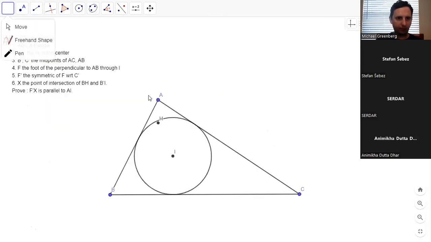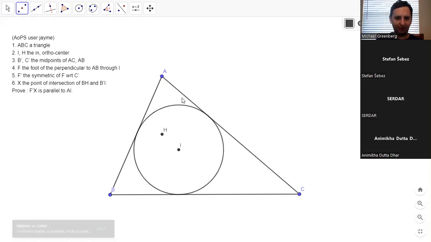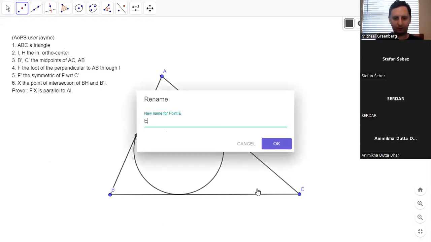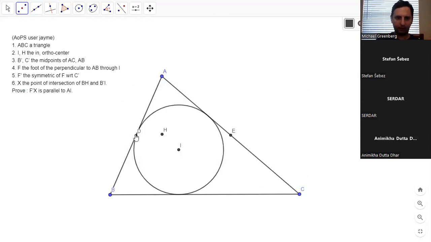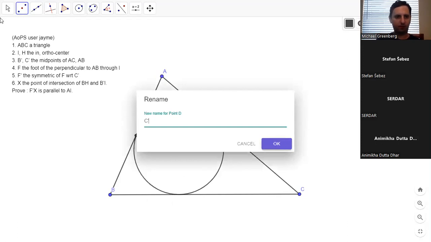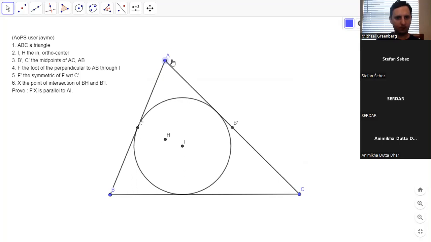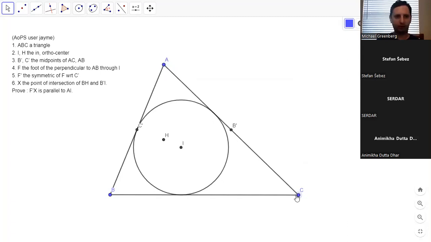We draw the midpoints of AC and AB. I'm not as big a fan of the notation, but it's not so bad for this. And then C prime kind of looks like the tangency point, but I'll fix that later. So we draw the perpendicular to AB through I.